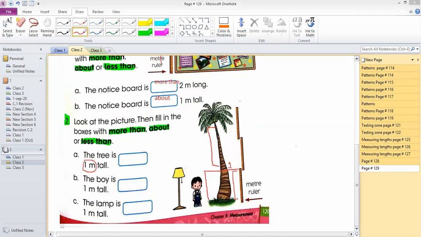You will say, sir, the tree is more than 1 meter tall because the tree is taller than 1 meter. It is almost about 3 meters, but it is not. It is more than 1 meter. It is taller than 1 meter.